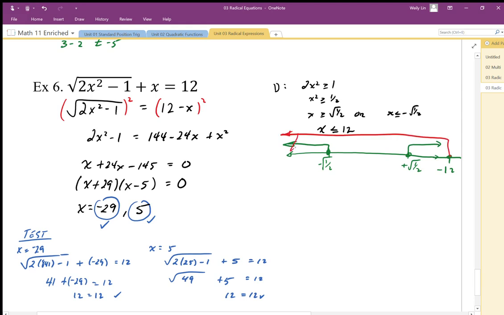So it's got to be somewhere in here. Okay, −29 is less than −√(1/2), and it's less than 12. And then the 5 is bigger than positive √(1/2) and less than 12. So it's in this region here. So both solutions end up being in the domain regions that are acceptable.